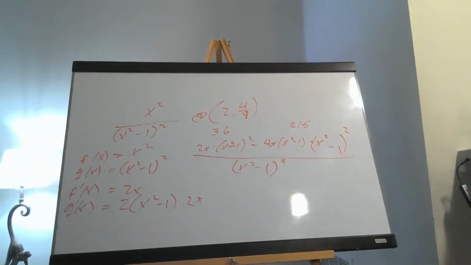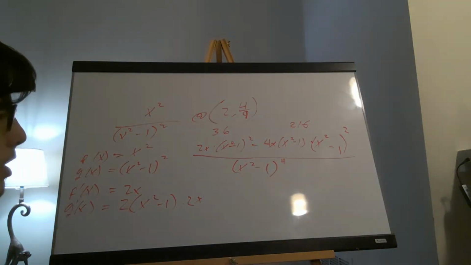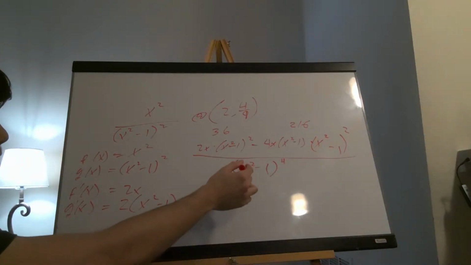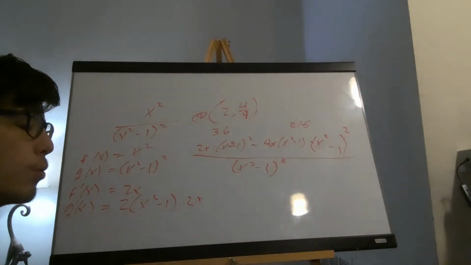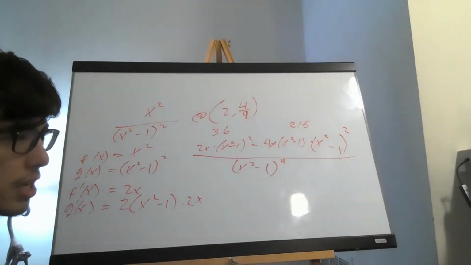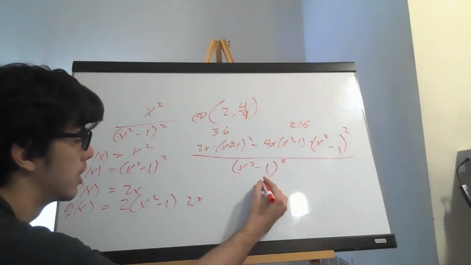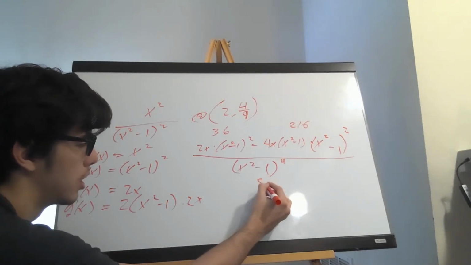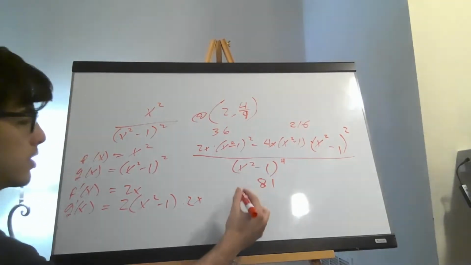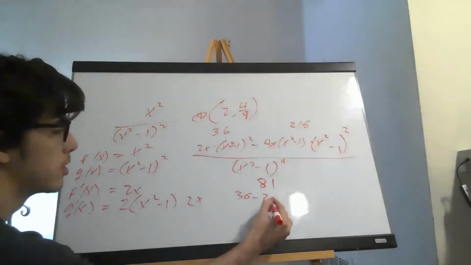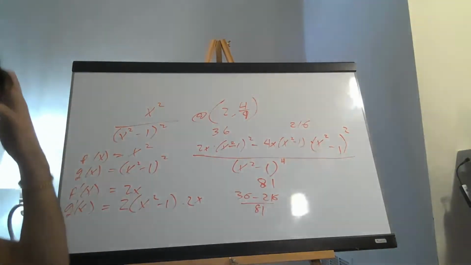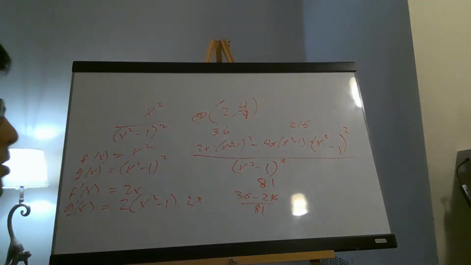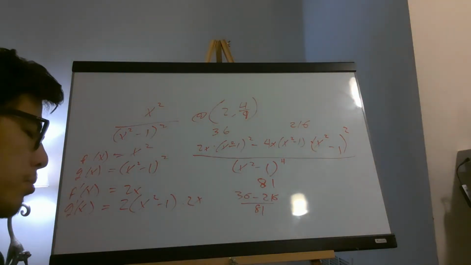Someone tell me if my math is wrong. I'm kind of just trying to eyeball it here, do it in my head. So then we do 2 squared, 4 minus 1 is 3, 3 to the 4th power, so 3 to the 3rd is 27, so it's 81. So we've got 36 minus 216 over 81. Okay, so 36 and 216, that actually looks like it works out pretty nicely.